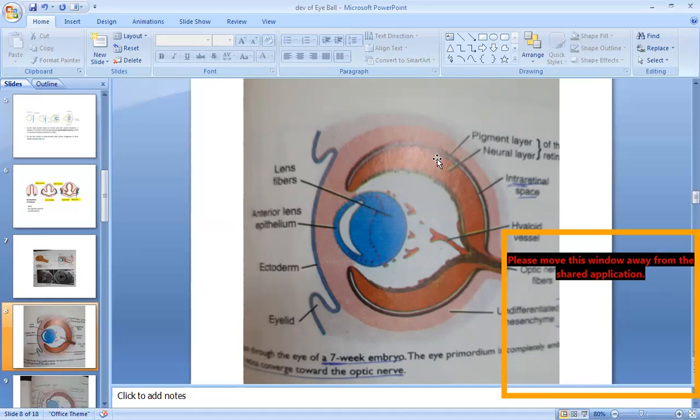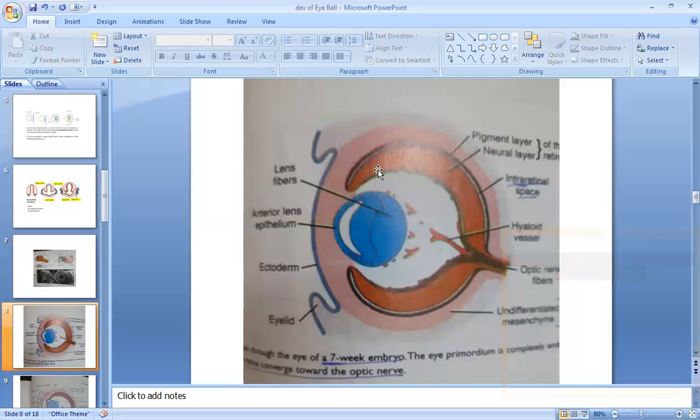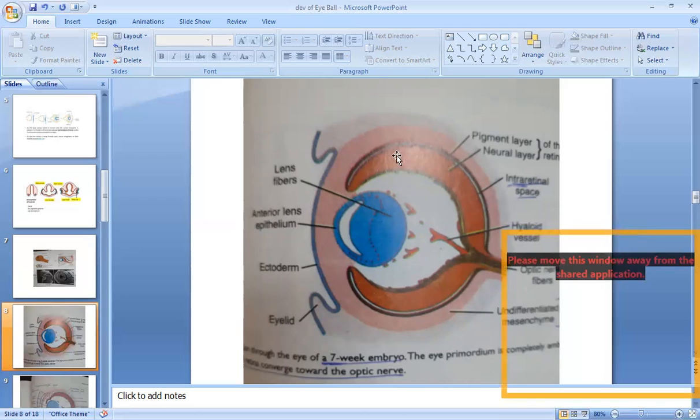You can see this optic stalk like a rounded circle. The posterior 4/5 of this is divided into two: the outer pigmented layer of the retina, and then the inner neural layer of the retina.